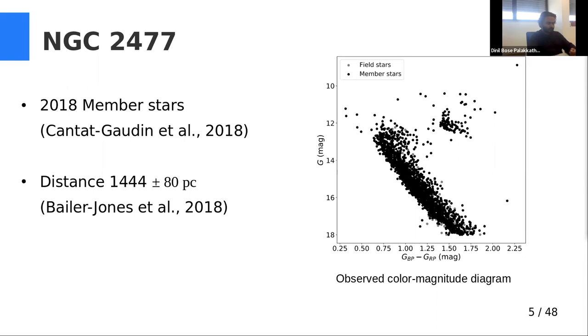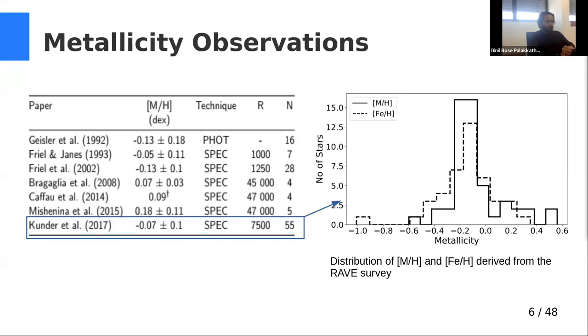Now about the metallicity. We have a lot of metallicity observations from various authors. We have metallicity observations from RAVE spectroscopy. So RAVE has observed around 55 stars. On the right, I am showing the distribution of metallicity derived from the RAVE survey. As you can see in the figure, it peaks at minus 0.1 dex. And we also have some high resolution spectroscopy from various authors like Bragaglia, Casali, and Magrini.